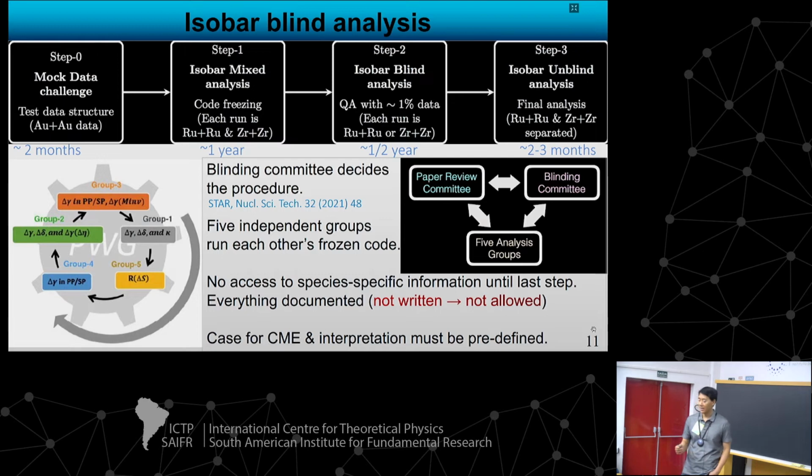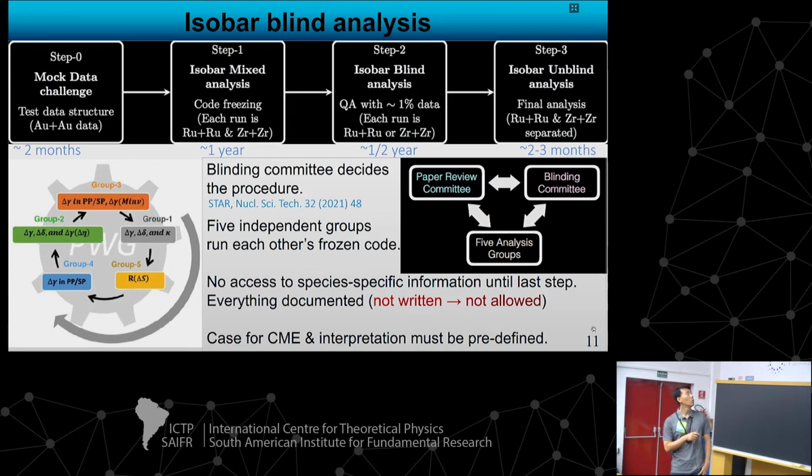Within these 3 years, STAR carried out a blind analysis, which contains several steps. Initially, we use the so-called mock data challenge: we use gold data to pretend it's isobar and use it to test the code.